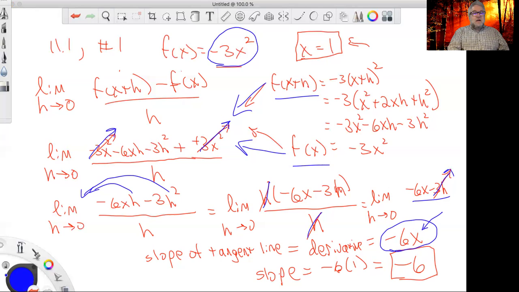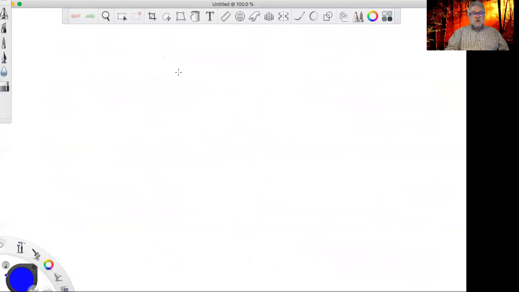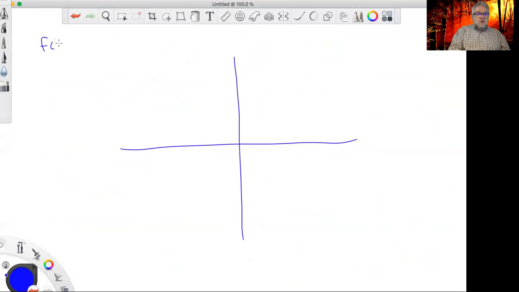So if I want to show the graph, f of x equals minus 3x squared. So I know this is a parabola, and I know it faces down because of the minus sign in front.